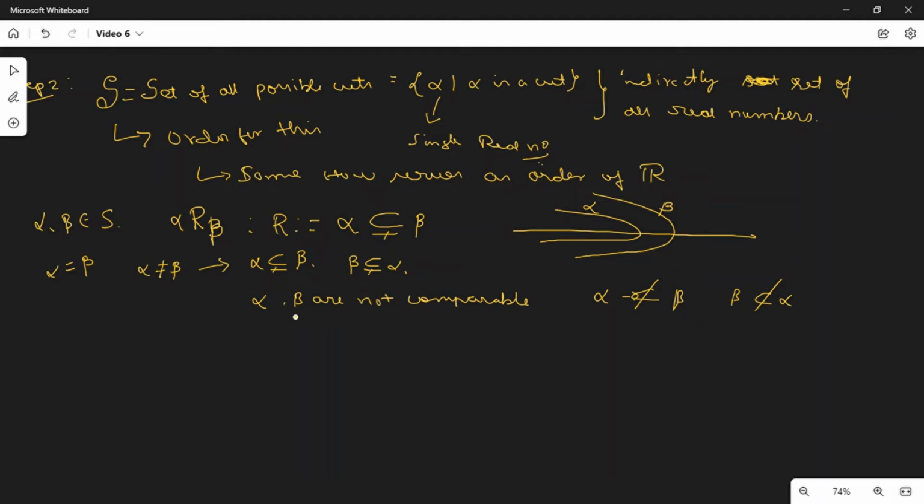Okay, what if any one of these satisfies? This one or this one or this one. Given any two alpha and beta, either this is satisfiable or this is satisfiable or this is satisfiable. That means the first property of the order is satisfied.